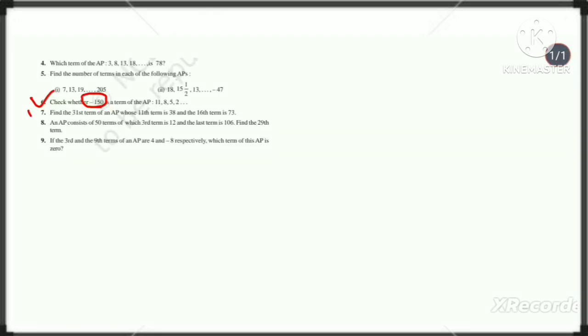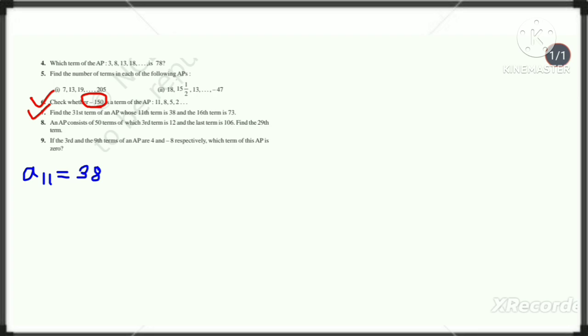Question number 7: find the 31st term of an AP whose 11th term is 38 and the 16th term is 73. Here is given the 11th term, that is A11 is 38.